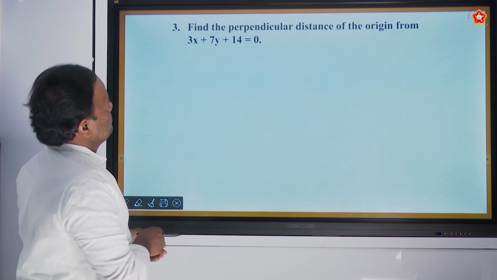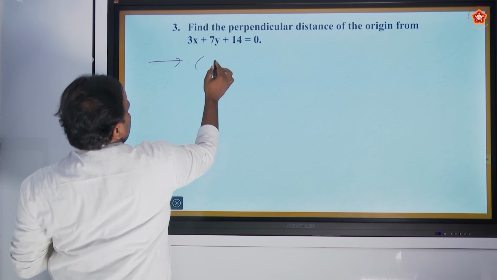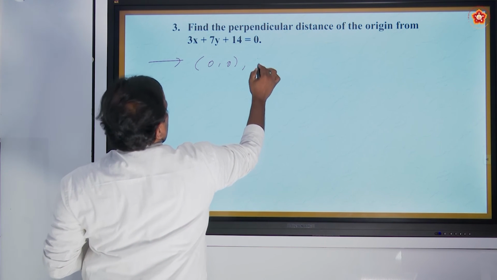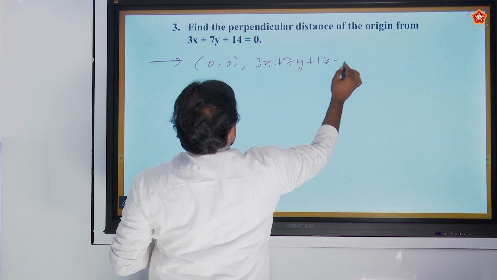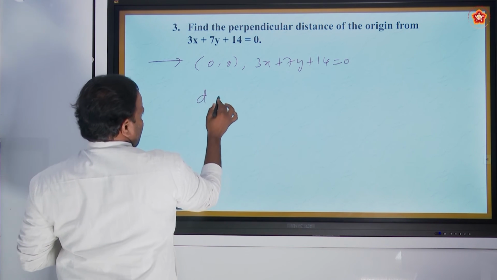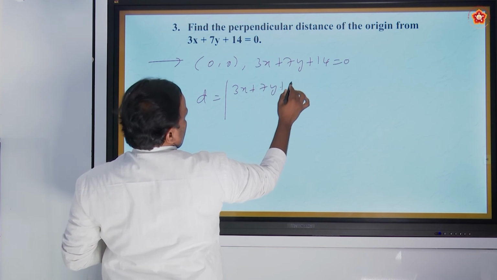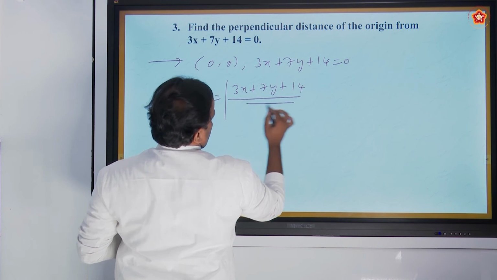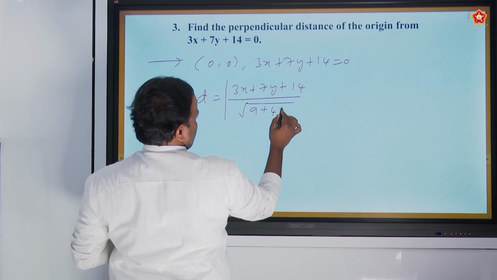Let us start the next one. This is very simple. Find the perpendicular distance from the origin, which is nothing but (0, 0), to the given line 3x + 7y + 14 = 0. Very simple, directly write d equals (3x + 7y + 14) divided by the root of 3 squared, which is 9, plus 7 squared, which is 49.